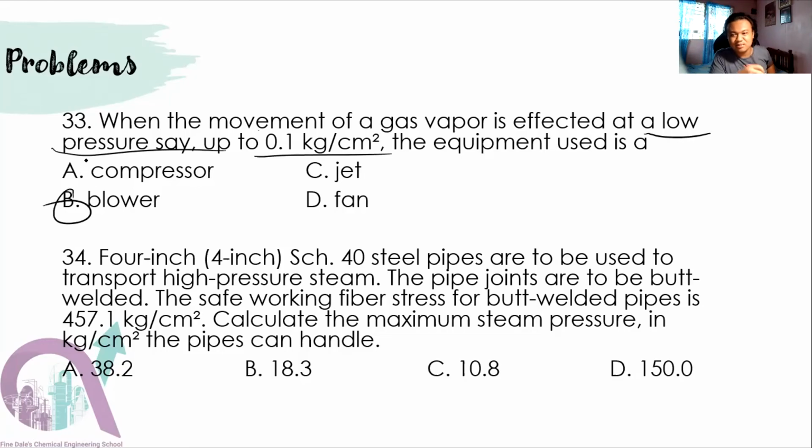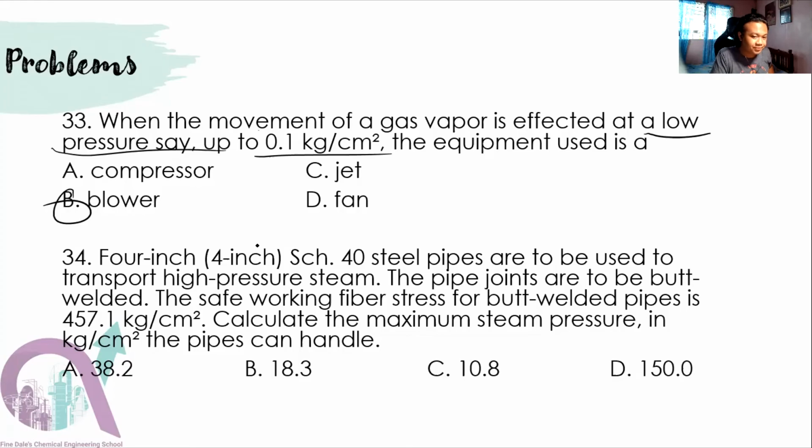So to move a gas vapor, you assist it with a blower. Also, if you have to move it with a larger force, a larger pressure, you have to use a compressor. But if it is small, you have a blower.